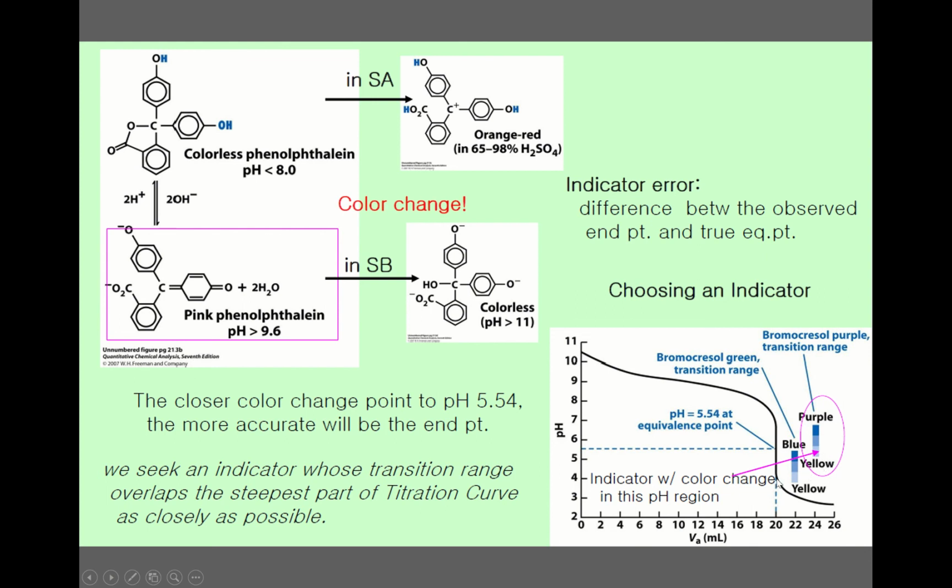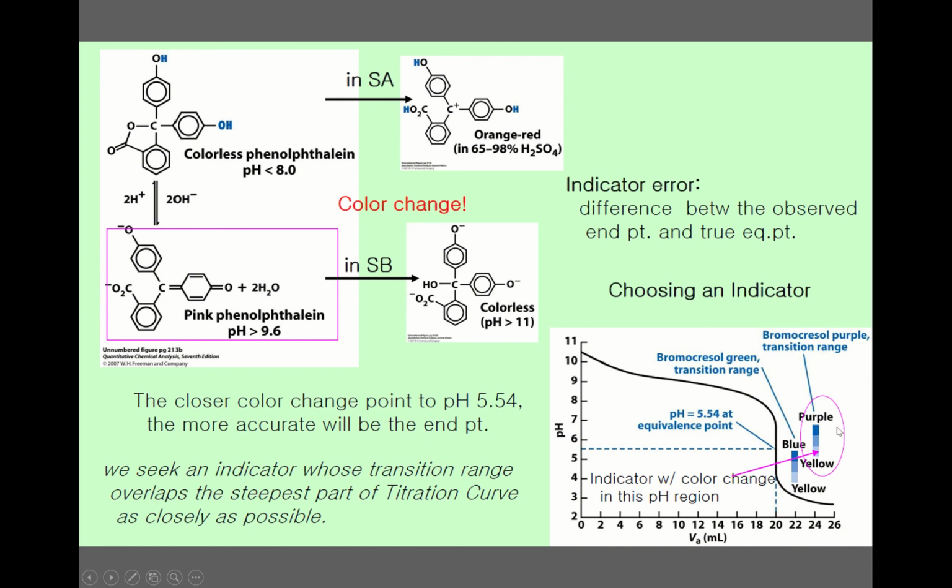Since this titration curve is the titration of a weak base with a strong acid, the equivalence point appears in the acidic region, around pH 5.5. When we use bromocresol purple and titrate with strong acid, we may stop when the color is the mixture of purple and yellow.